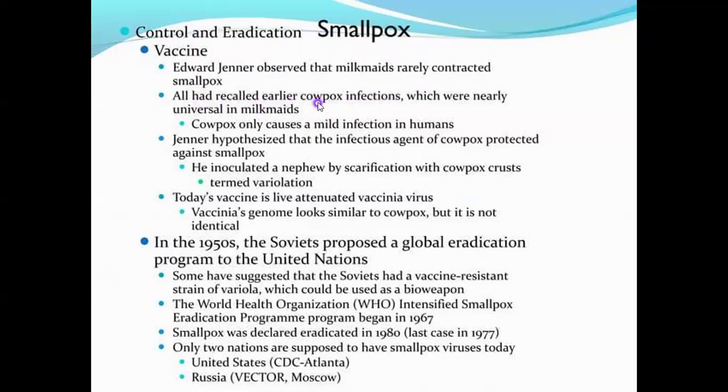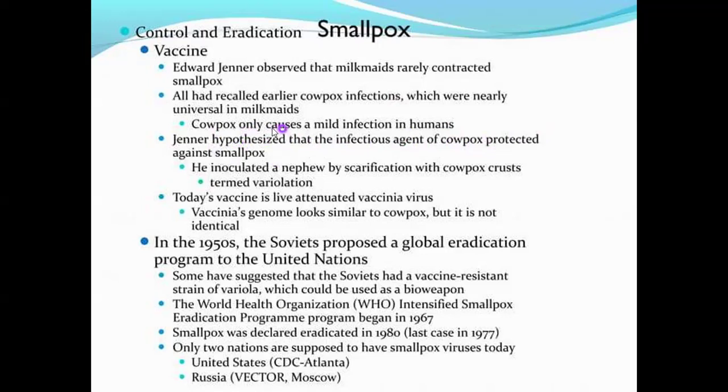Despite the fact that, as we said, 1 billion people had been affected, these milkmaids were not getting smallpox. But they were getting cowpox, which only causes a mild infection in humans. So he hypothesized that the infectious agent of cowpox protected against smallpox.